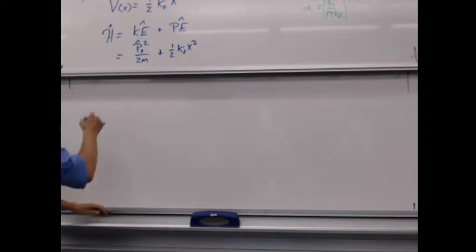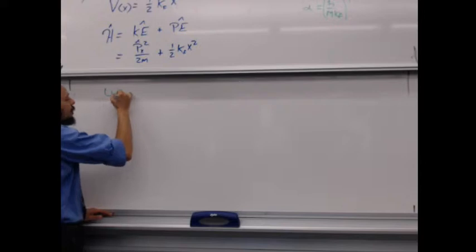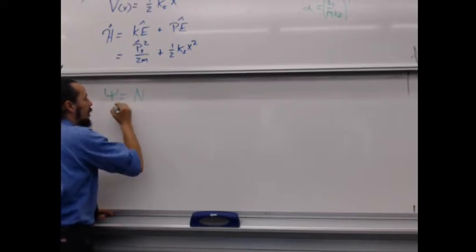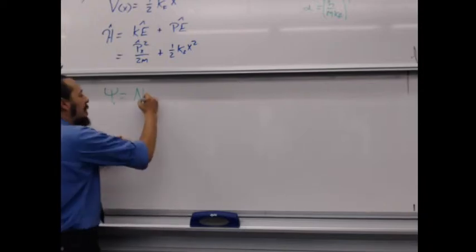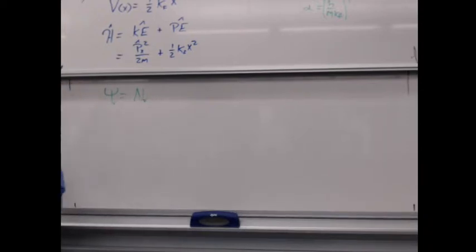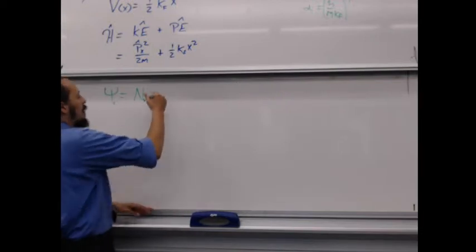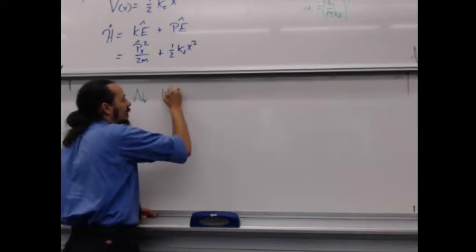So the wave functions that we get as a solution are going to be labeled with some limiting factor v. Just like we had for the particle in a box, we had some counting number n when we applied our boundary conditions. Same thing happens here. We've got some normalization constant. We've got some special function here.